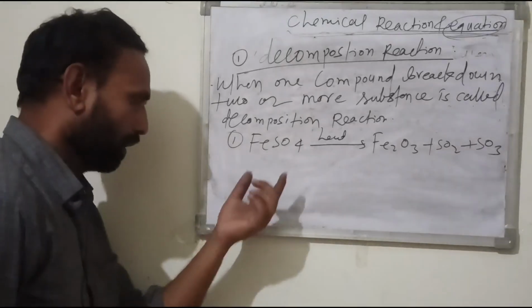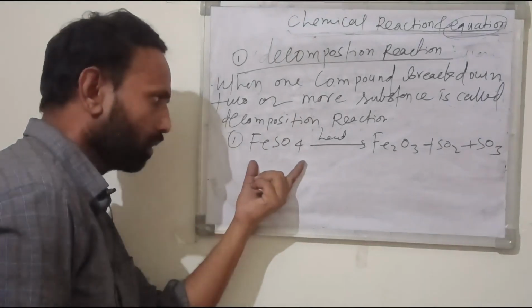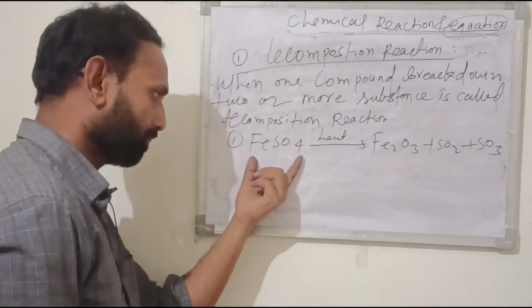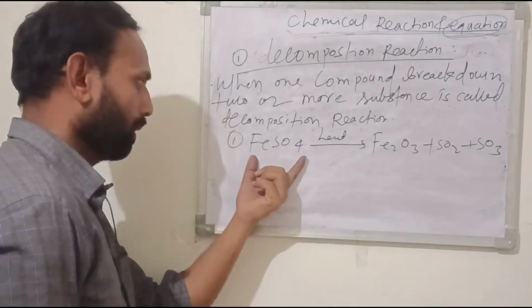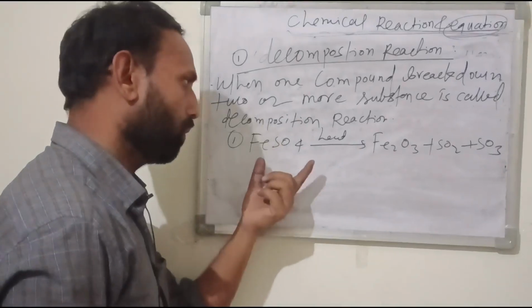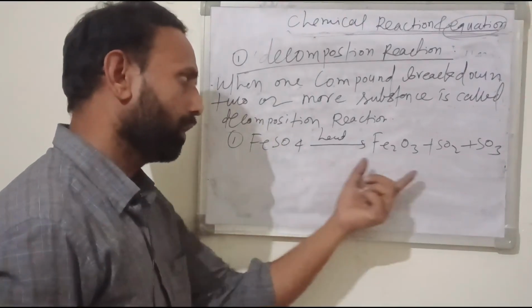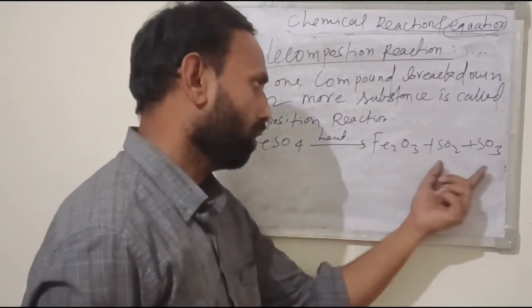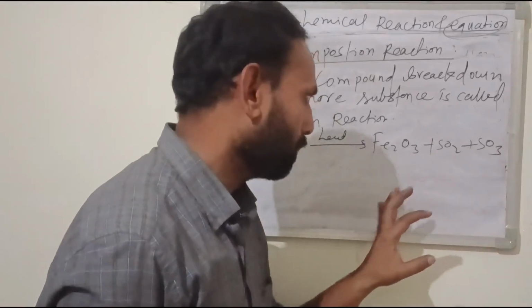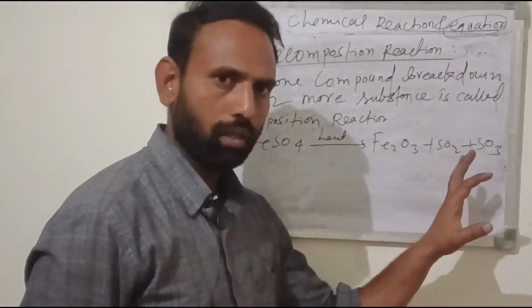Okay, here one compound, FeSO4, is the one compound. When you apply the heat, it will break down into Fe2O3, SO2 plus SO3. Here I am giving just example. I am not explaining what is SO2, what is the SO3.